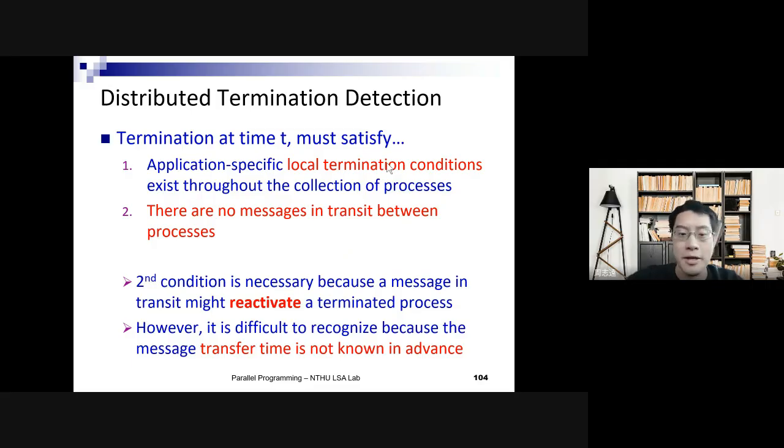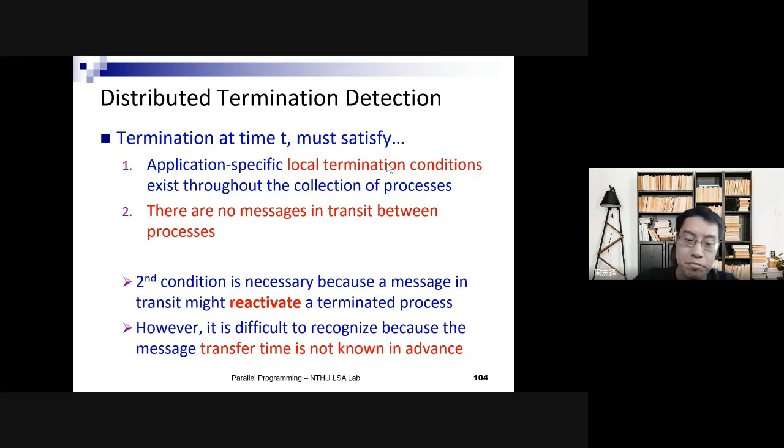The purpose of that count is that if count equals 0, we can be sure there are no more messages being sent between the slave and the worker. Only then can we terminate the program. That's another example: not only do we need to make sure the work pool is empty, but also that there are no more messages in transit.